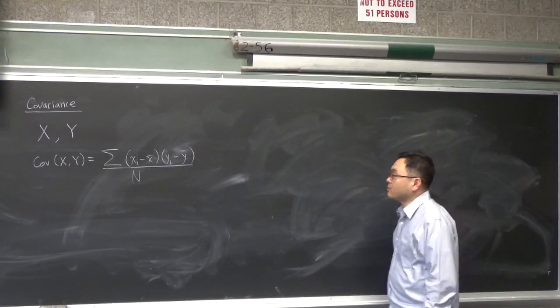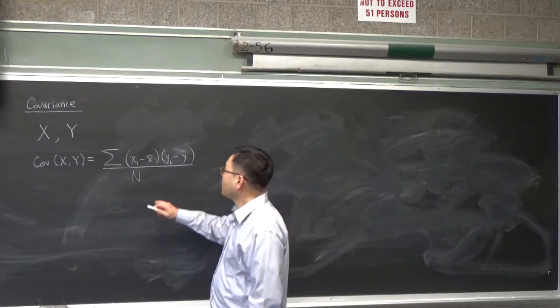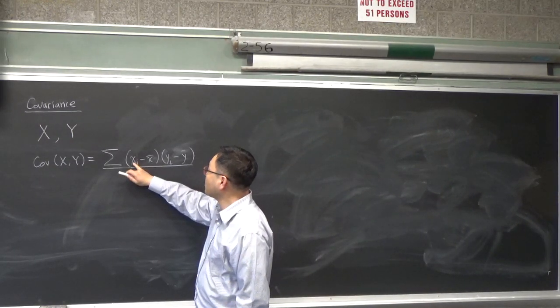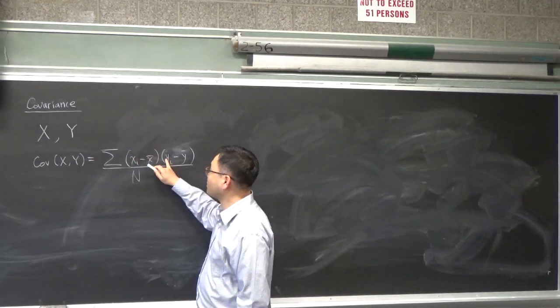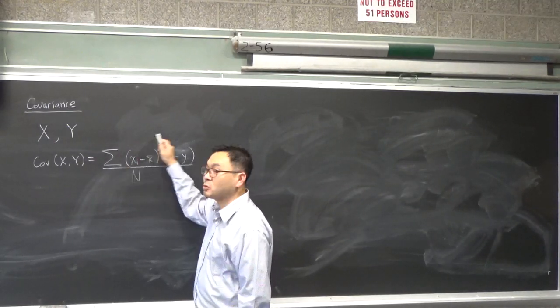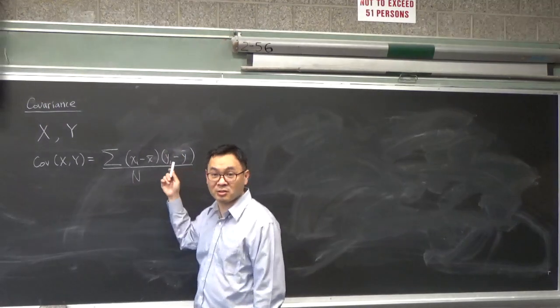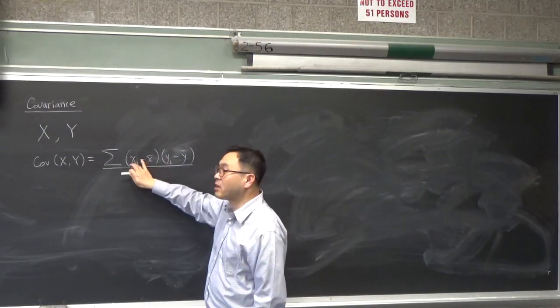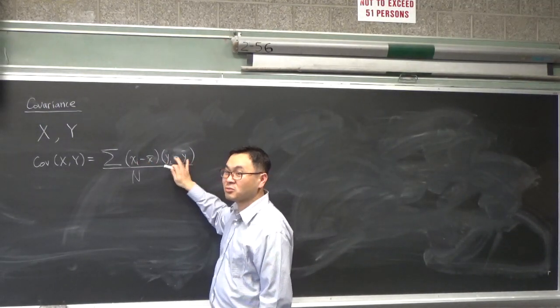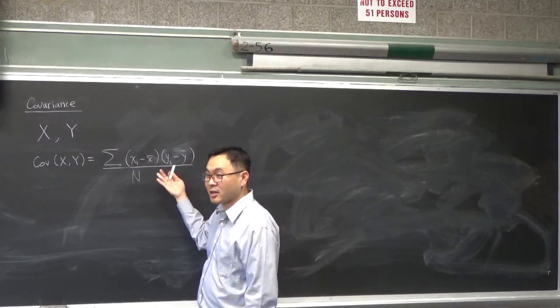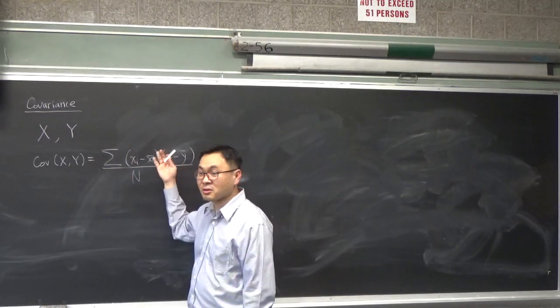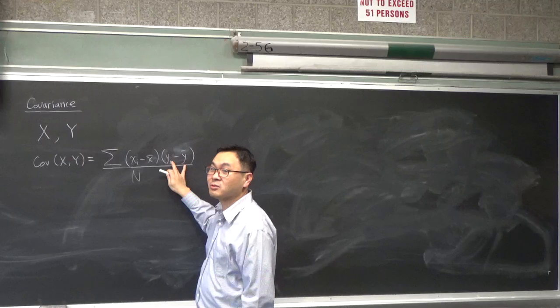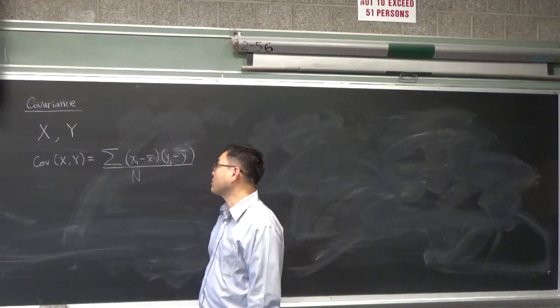Now notice that if xi is above average and yi is above average, this quantity will be what? Positive, right? If xi is above average but yi is below average, this quantity will be negative, and so on. If they're both below average, what happens? Positive. It'll be positive.